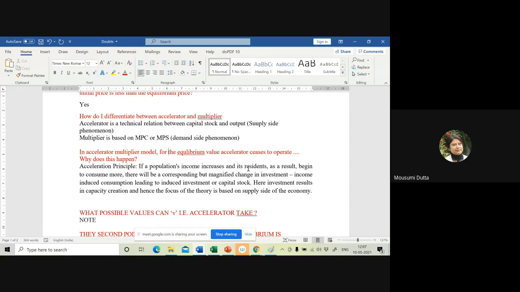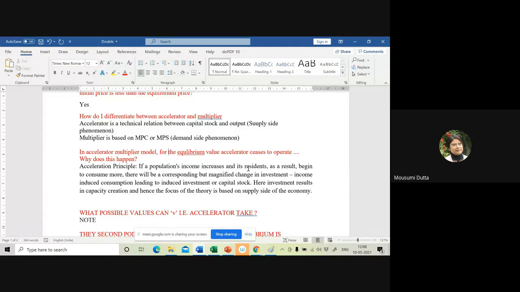If you look at the final equation, it may be consumption induced, or we may talk about the direct investment of the government. It is a relation between I and Y ultimately, so it is a supply side phenomenon. Whereas when we talk about the multiplier, we are giving some fiscal stimuli to the system, and there will be some change in consumption, since income on the demand side of the economy is distributed to the consumption channel and the savings channel.